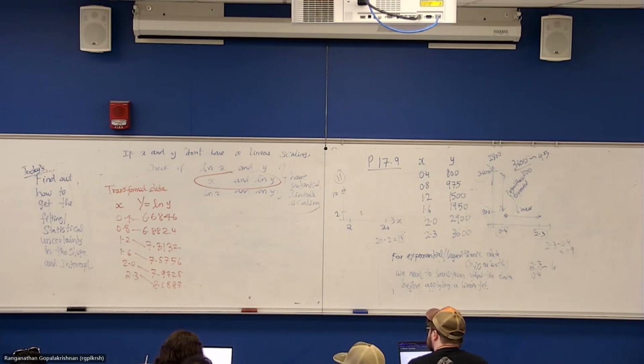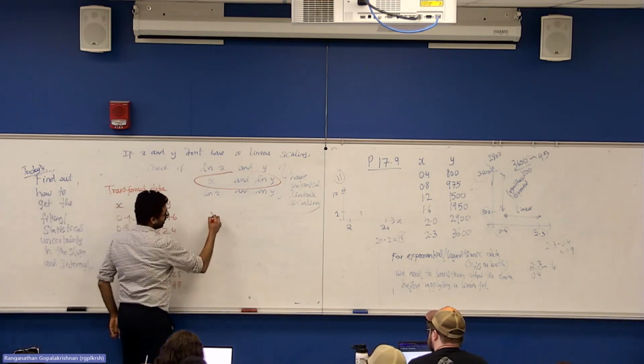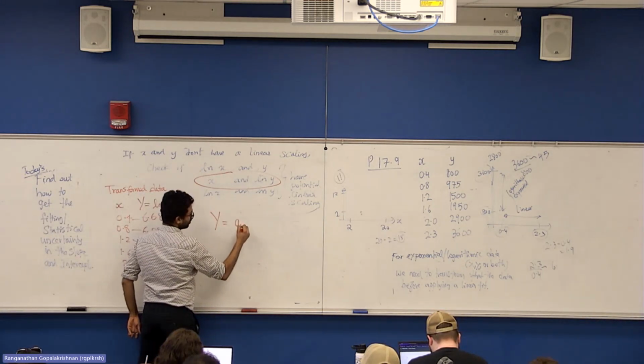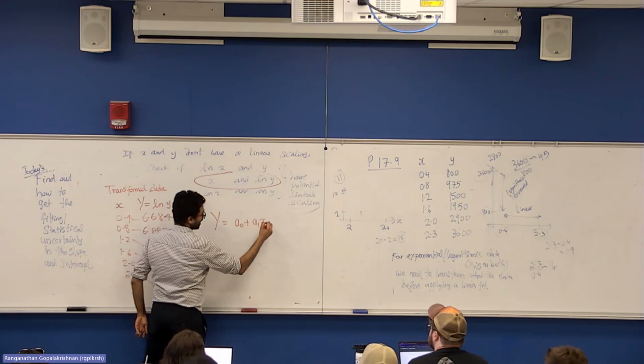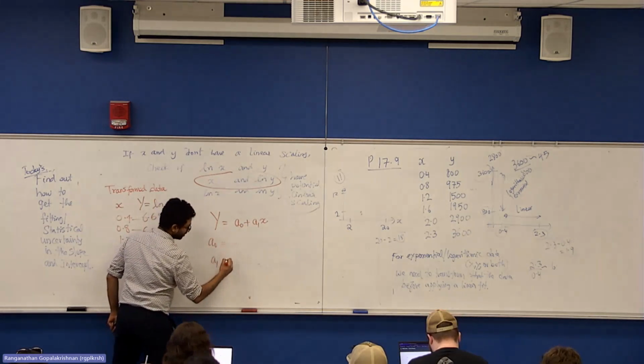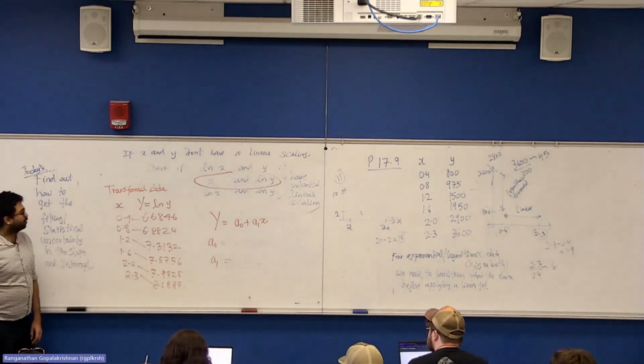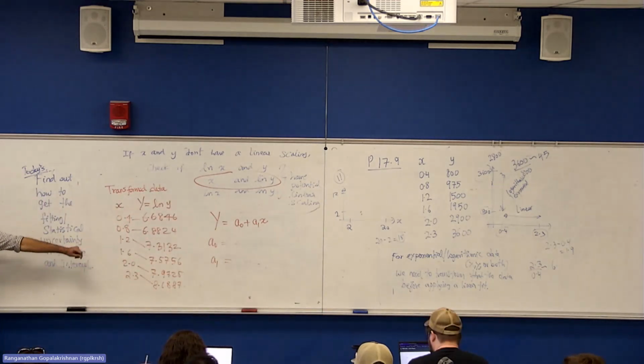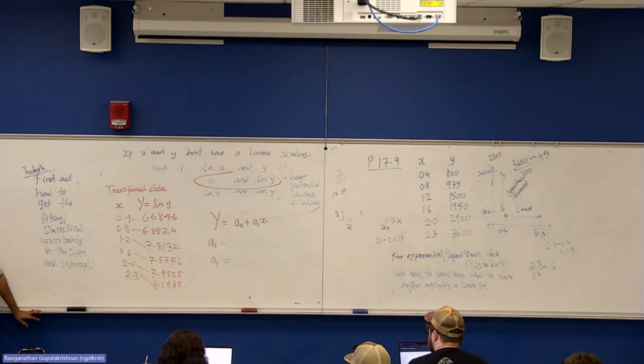Okay. I'm going to give you 5 minutes to work out the fit. That is, I want you to develop a fit y equal to a naught plus a1 x. Please get me a naught and a1. I'm also going to do that using Excel, but you do that with paper and pencil, and let's meet again in 5 to 10 minutes.